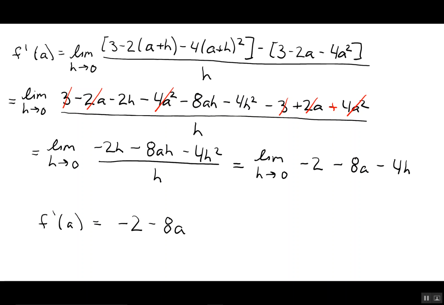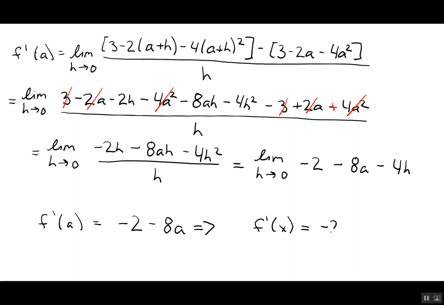So the derivative of f at a, f prime of a, is equal to minus 2 minus 8a. And it turns out you would get exactly the same formula for any a. So we can actually write out a general expression for the derivative of this function that we started with, 3 minus 2x minus 4x squared, for any value of x.